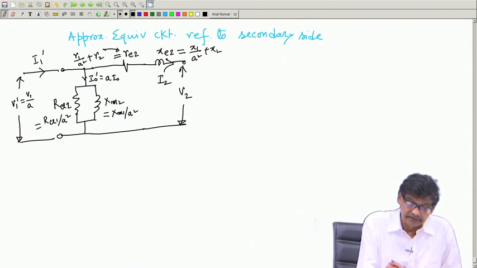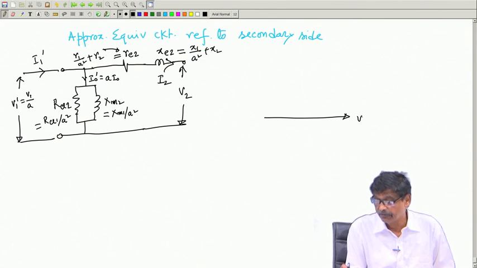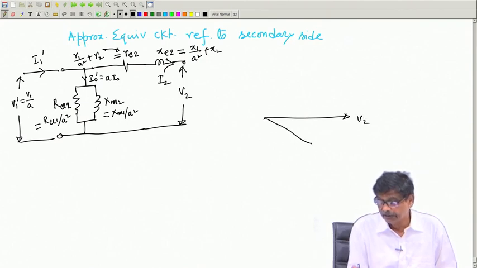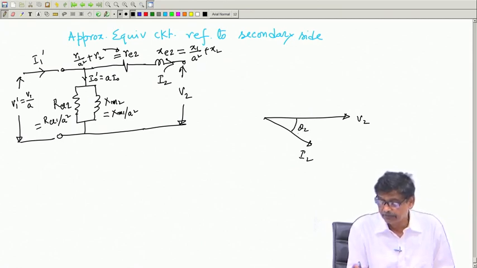Here you start with V2, the actual secondary voltage V2. This is, suppose, the current delivered by the transformer to the load, which I am not drawing, henceforth I will not draw, because V2 is supplying current, which means some impedance is connected. This is the actual power factor of the load.